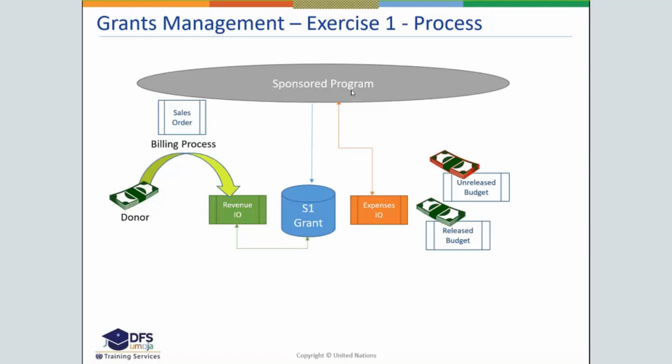Not exactly. Let me try to help you understand this concept. The unreleased budget is a kind of pre-step that will help us to create the released budget. The unreleased budget is not for consumption. It's a kind of plan: how are we going to distribute this $500,000 in the different sponsor classes? So 100 here, whatever. This will be the pre-step necessary to do the release of the budget.